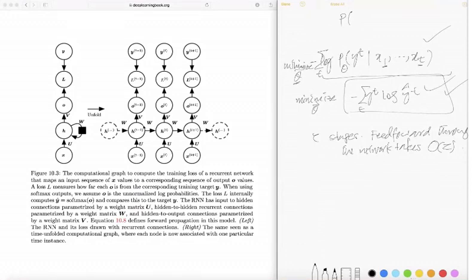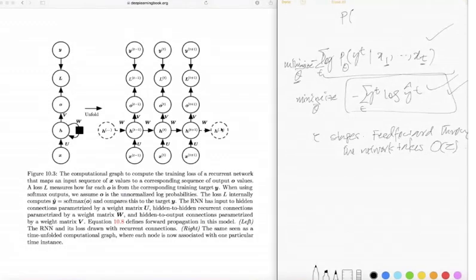I need the output of the previous state to compute the next state. I cannot compute the next state before I have gotten the value of the previous state. So I have to wait until the previous state is available, and I use it to compute the next state. So it's going to take order tau time steps to entirely go through the network. Okay, so that's one thing. The network is inherently sequential.